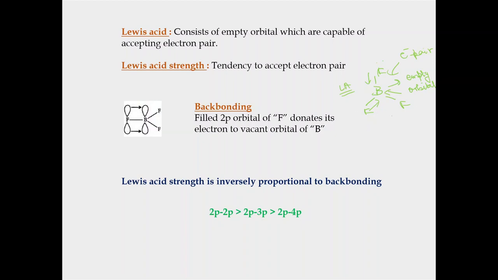As a result, the ability to accept an electron will decrease. The boron becomes more electron rich, and that's why the tendency to accept electrons decreases. So back bonding and Lewis acid strength have an inverse relationship. The more the back bonding, the lower the Lewis acid strength.